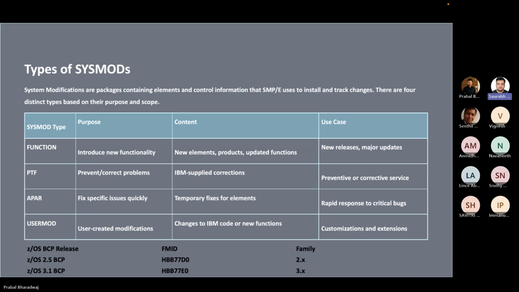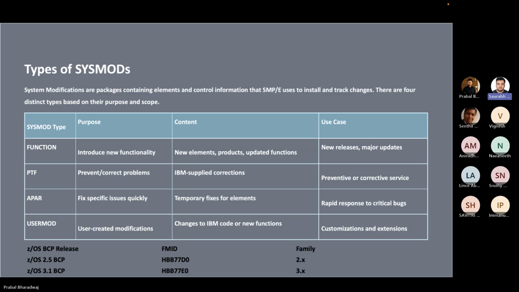When I say that SMP is useful in doing the install, a natural question is: how does SMP know what to install? We don't just tell SMP, okay boss, install IMS, install DB2 for me, this is the version.